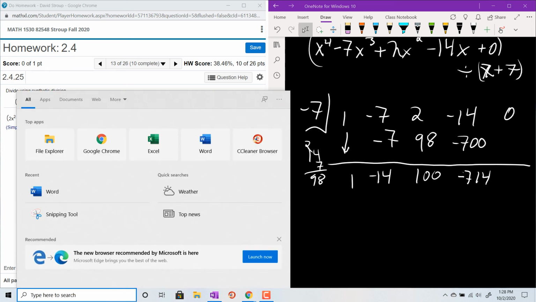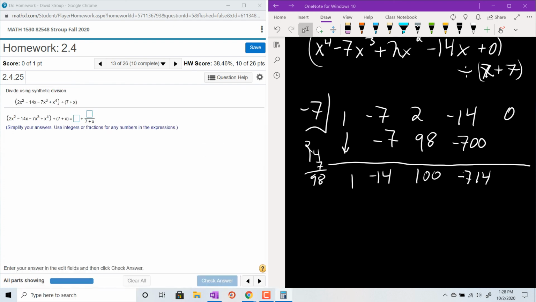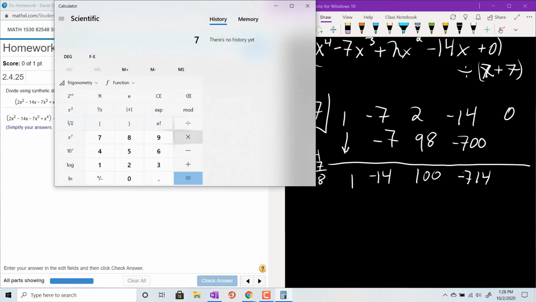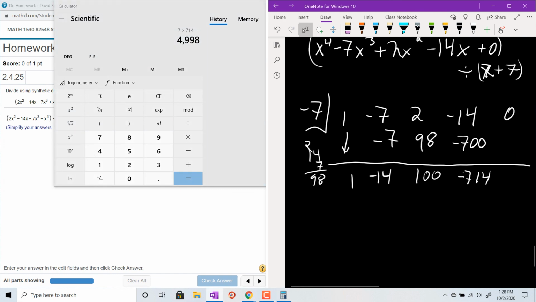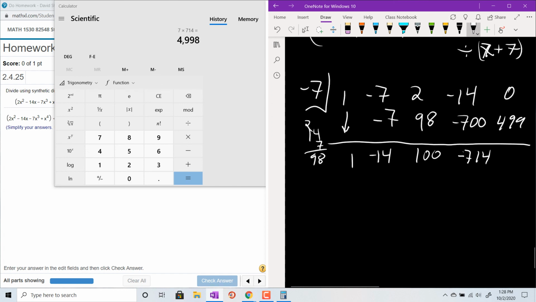Let's get a calculator so I don't screw it up. 7 times 714 is 4998. Positive 4998. And I don't know how that happened.